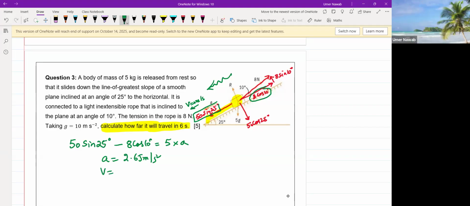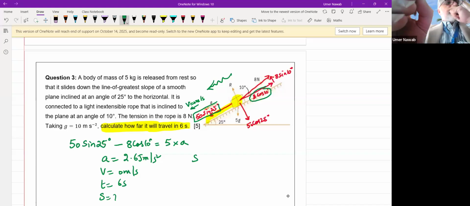So V is equal to 0 meters per second. Time is given, 6 seconds. So I want to find S. Which equation of motion? S is equal to ut plus half at squared can be used in this case.